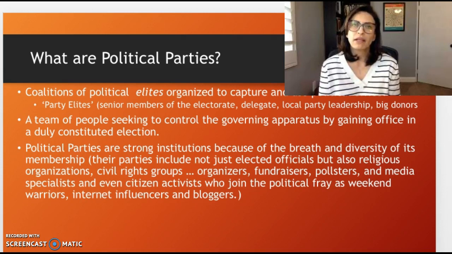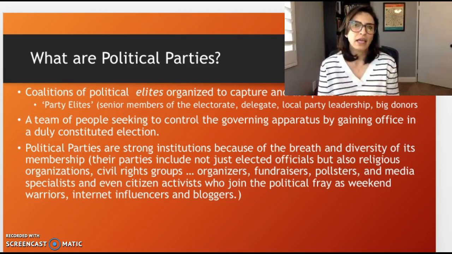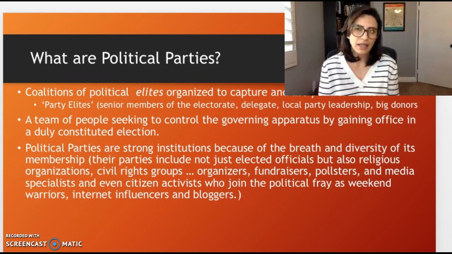But when we talk about elites as we speak of it today, it's really any person who has high influence, high level of information, and high level of influence into policy and politics. Think big donors, think delegates, think highly influential voters.